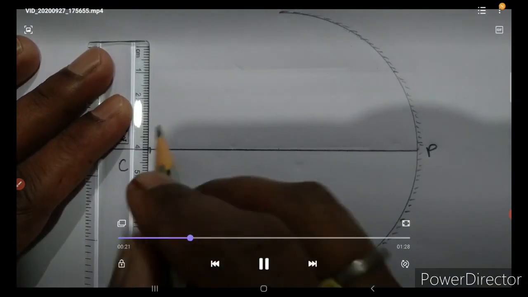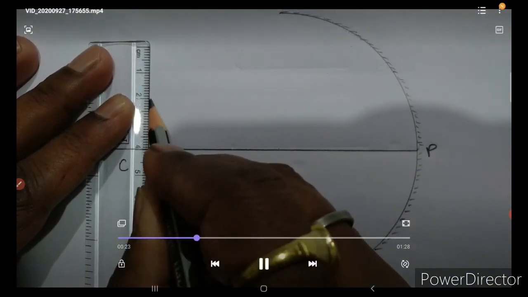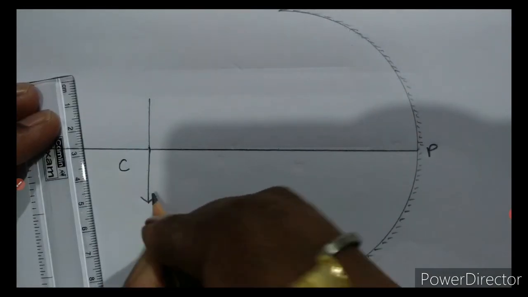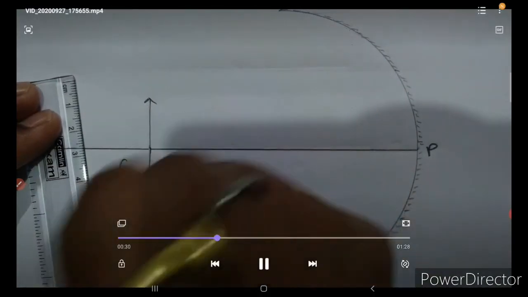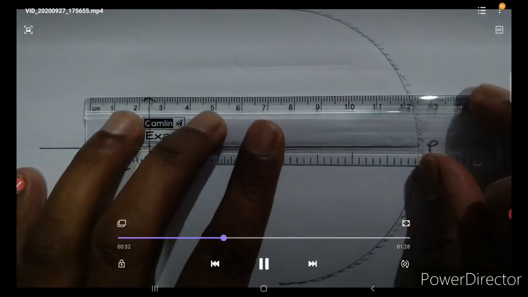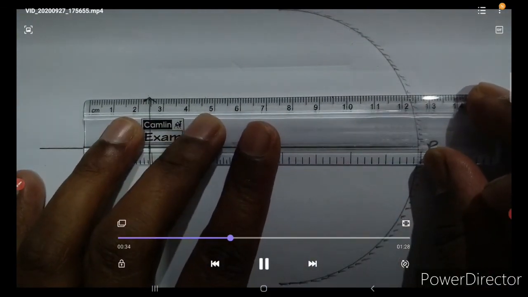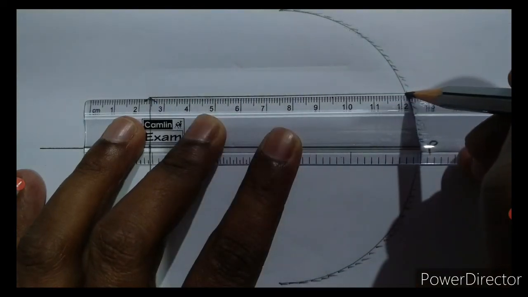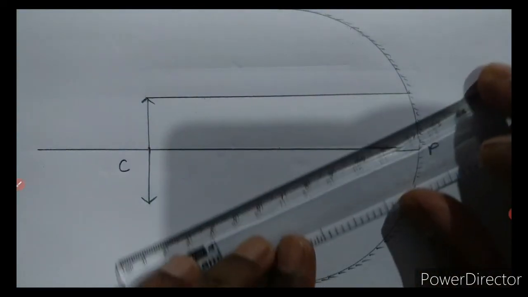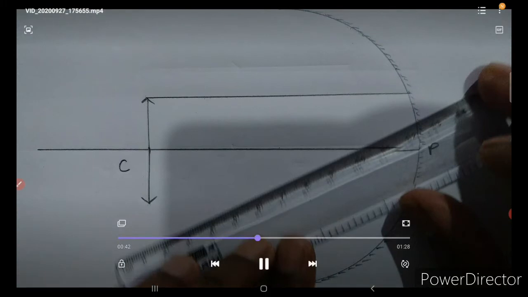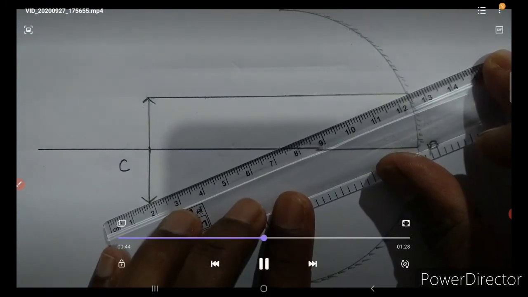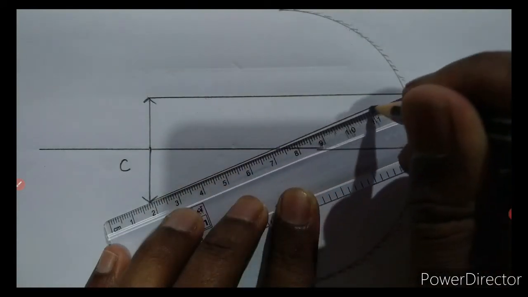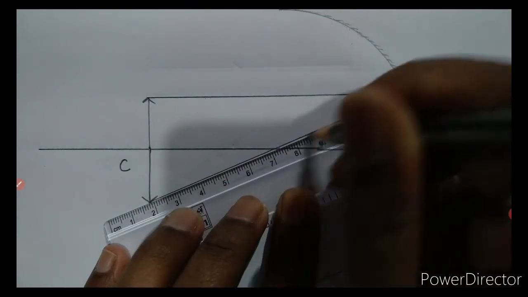I am drawing the object of 2 centimeter and I am drawing the image at the same time only. This will eradicate any mistakes which I create during the drawing. So in this case I have already drawn the image, so that I will not make any mistake. Remember, I did not mark the focus also.